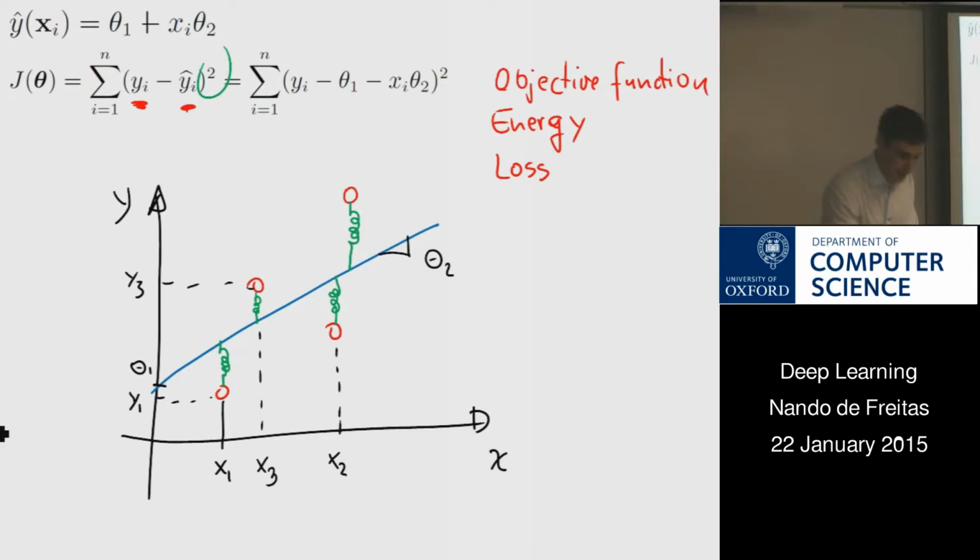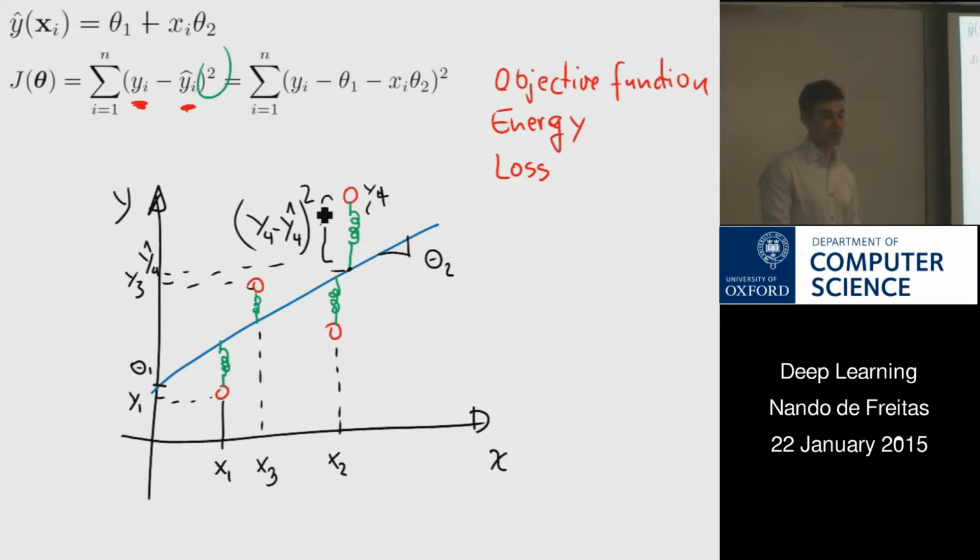And this difference here is what we want to minimize. If this is height y4, this guy here is the prediction y4. And so this gap here is y4 minus the prediction of y4. And we use squared because we're using springs. We're trying to minimize the energy.